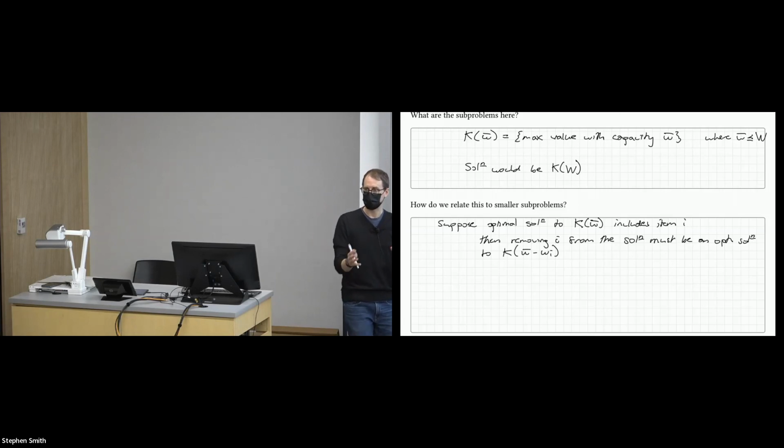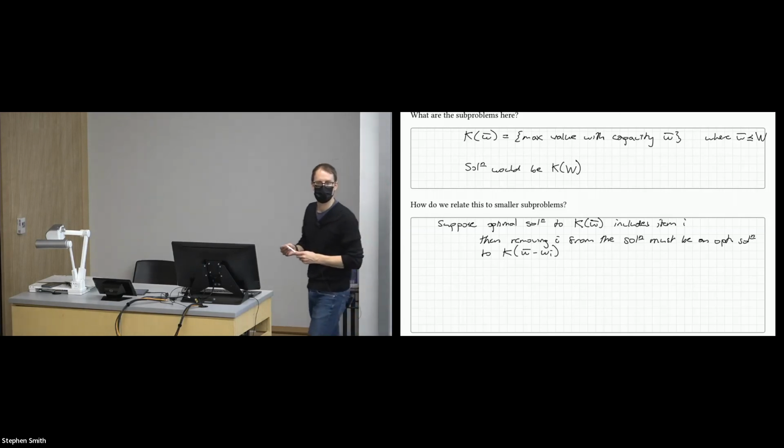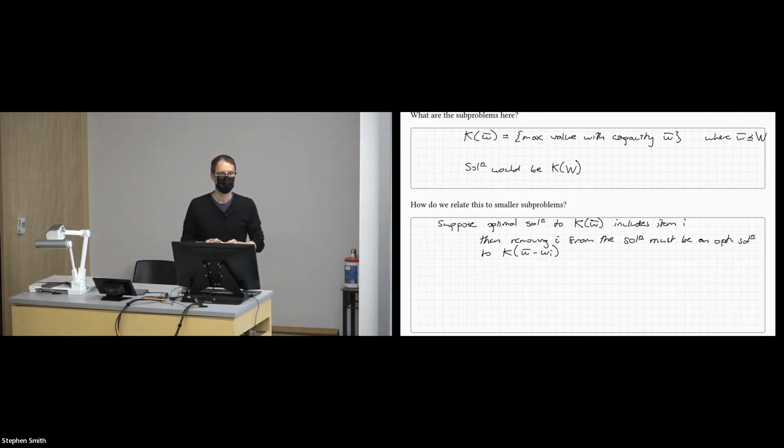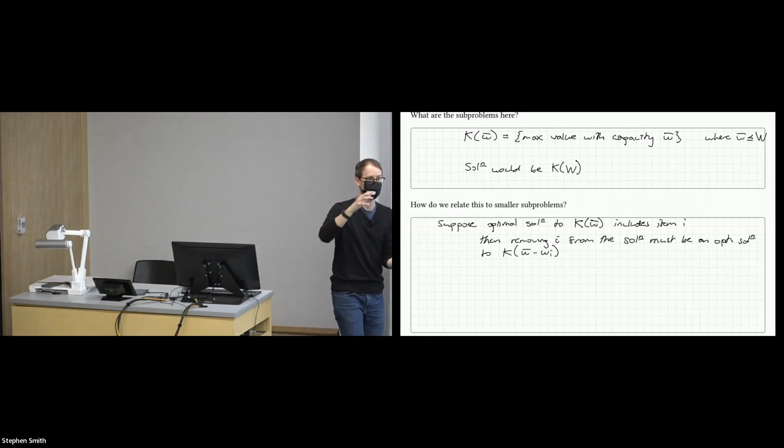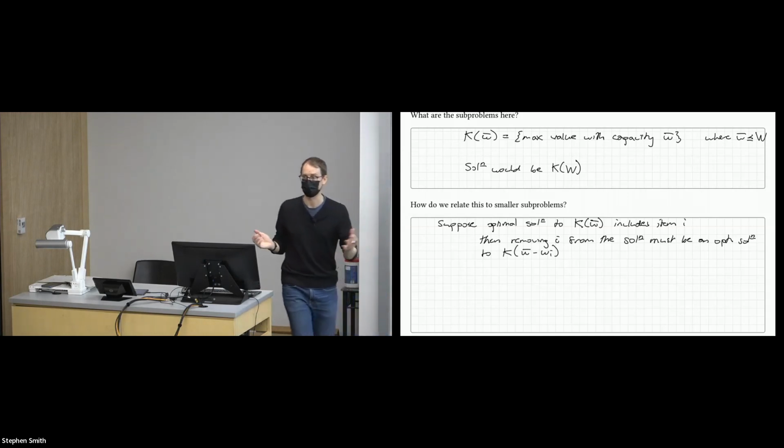So I could replace what's in my supposed optimal solution with this even better solution, then add the item i back on top. It would still meet my capacity limit and would get an even higher value. It's this optimal substructure idea: if I had an optimal solution and I remove one item from it, what's left must still be optimal for the size that's left, the weight that's left.